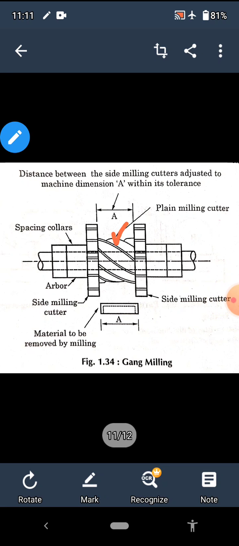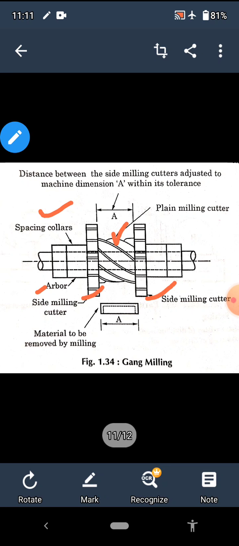First one is this one in the center, a plain milling cutter, and two side milling cutters, this and this, are mounted on the same arbor, and the space between the cutters is adjusted with the help of spacing collars.